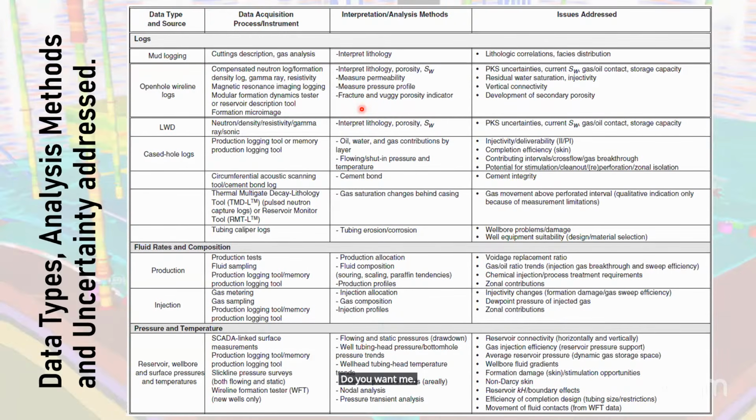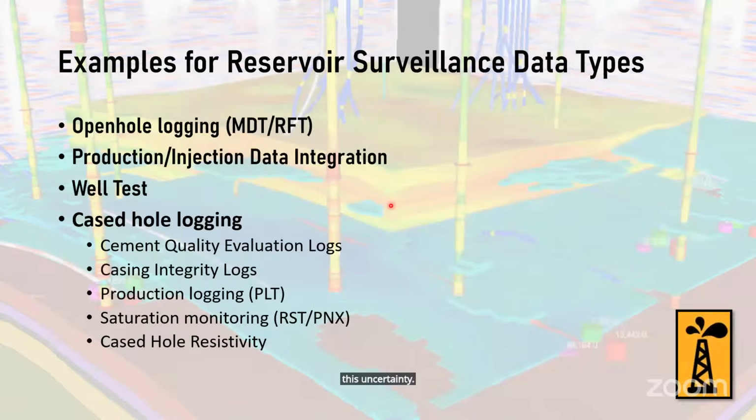Okay, so you can see that the table lists the uncertainty and the tool that can answer you about this uncertainty. So let's take some examples of the data for reservoir surveillance.